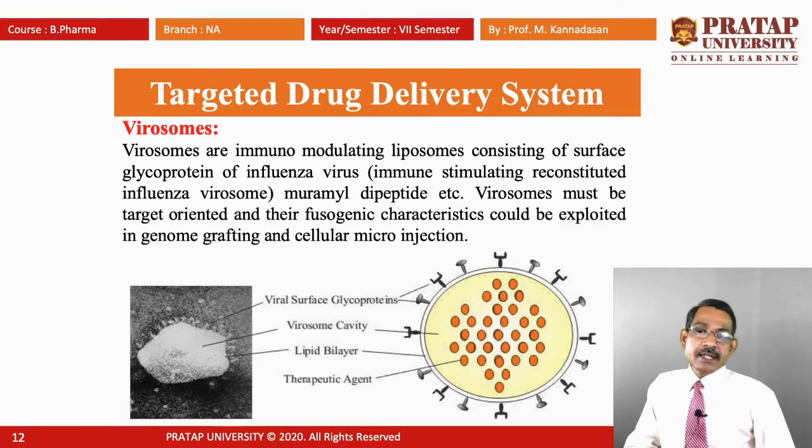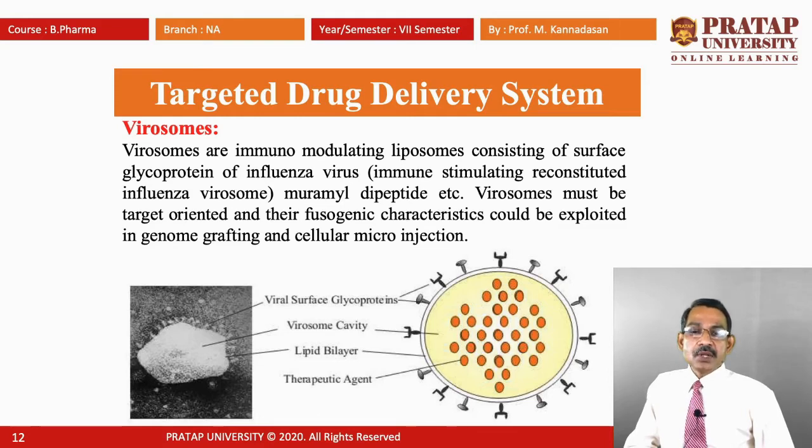For cancer treatment, we use injection at the cellular level. For a better fusogenic effect, we use virosome material prepared from the influenza virus, genetically engineering the surface glycoproteins. That material may be used for targeting cells by injection formulations.